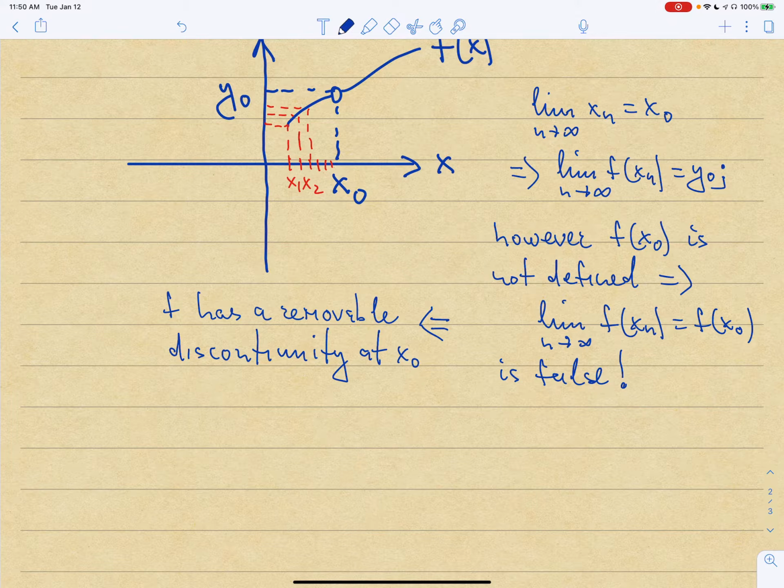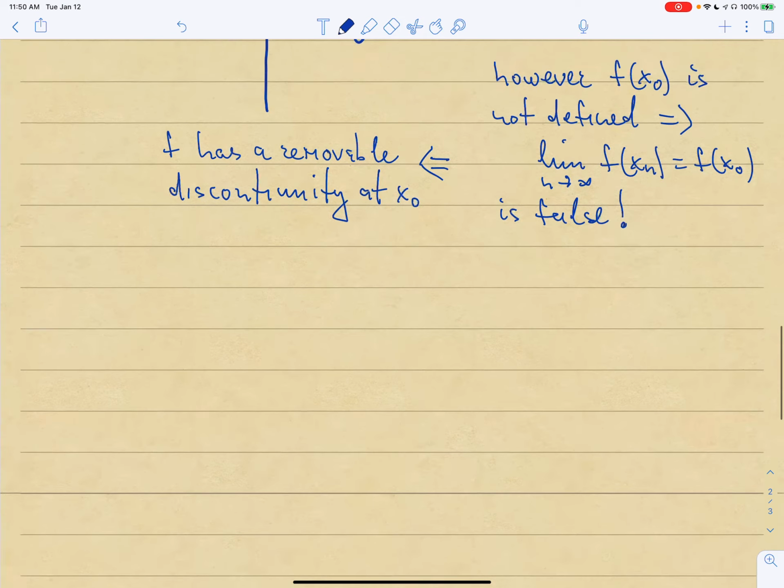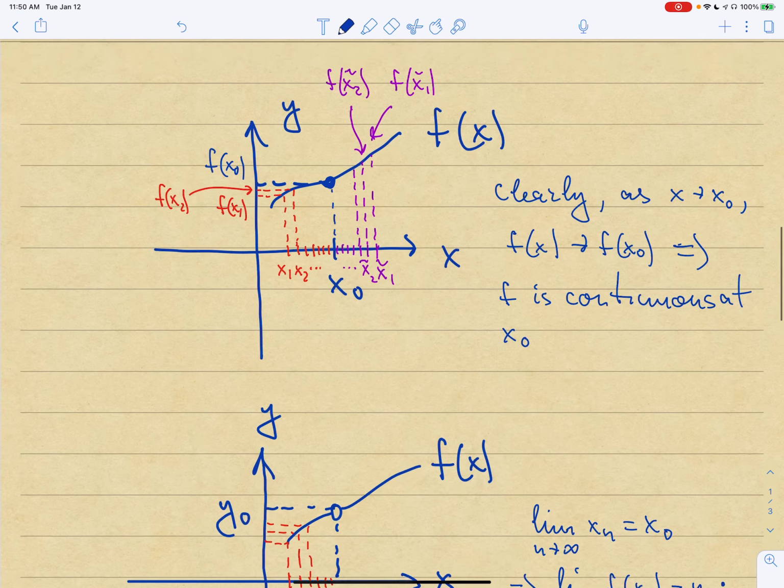Why is it removable? Because it's easy to remove this discontinuity simply by filling in the value of f at a point y0. All right, and let's look at the third case.